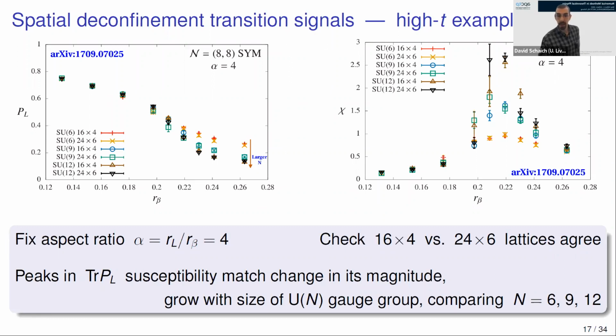And I should say here, what I've done is fixed the aspect ratio of the torus, the ratio of its spatial extent to its temporal extent. Here, that is fixed to a fairly large number, 4.